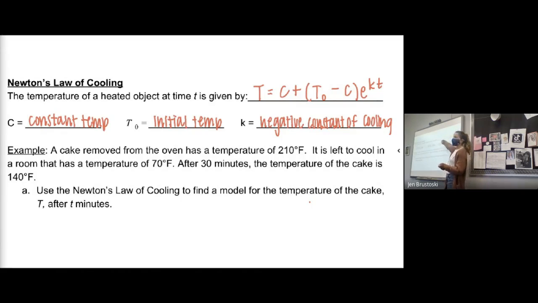C, still the same thing, temperature of the room. E is just a constant. K is going to be the rate at which it's cooling, and T is the amount of time, and it'll say minutes versus hours or whatever. Your rate's going to be different depending on what the time is. And then this T over here is our ending temperature.